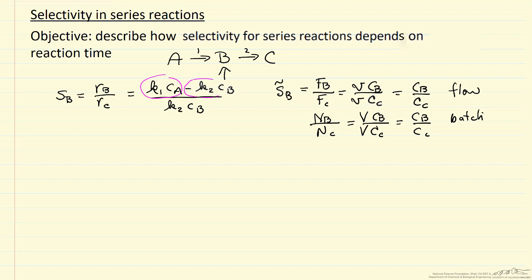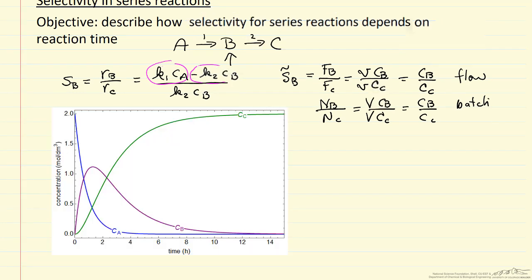So if we look at what the selectivity looks like, we'll just look at a plot. We can see here, as reaction time increases, whether it's in a plug flow reactor or a batch reactor, as the reaction proceeds the concentration of A decreases and the concentration of B increases, but then the concentration of C is also increasing.